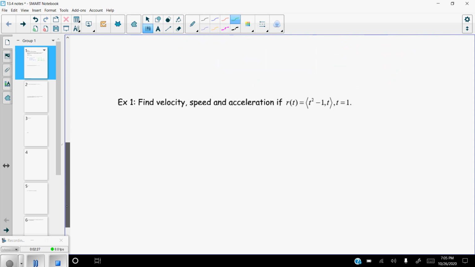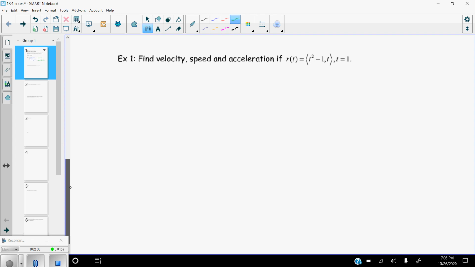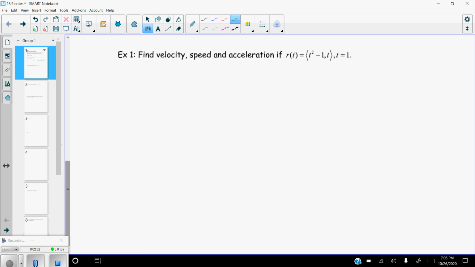Okay, so let's go ahead and find the velocity, speed, and acceleration of the given position function at the time t equals 1. So let's find velocity first. That makes the most sense. That is going to be the derivative, which is going to be 2t, 1. We want to find the velocity at 1 because it says at time t equals 1.